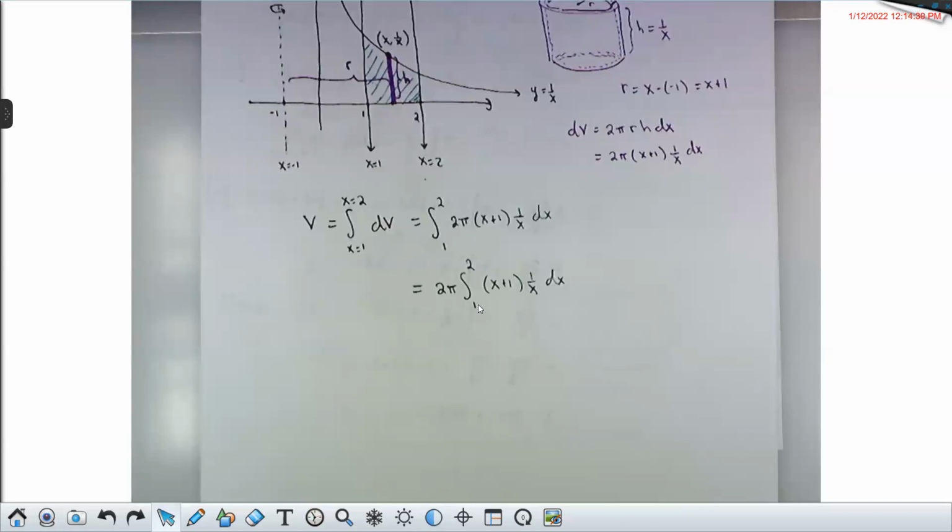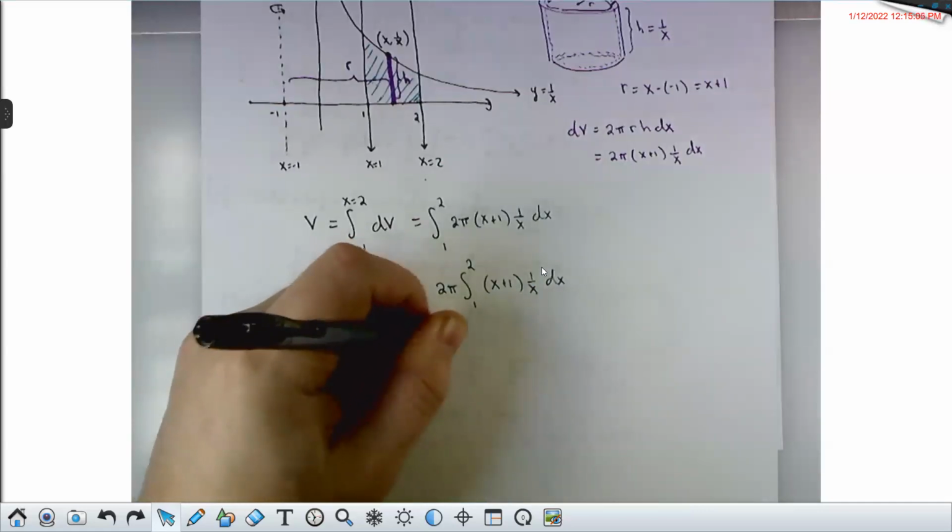Good, we distribute the 1 over x over the x plus 1. All right, I need to do out this multiplication. I cannot integrate these separately. They're multiplying, right? Just like if you're going to differentiate a product of two things, you need a product rule. We don't have a product rule for integrals yet. So the only way we could hope to anti-differentiate this is to distribute and clean it up.